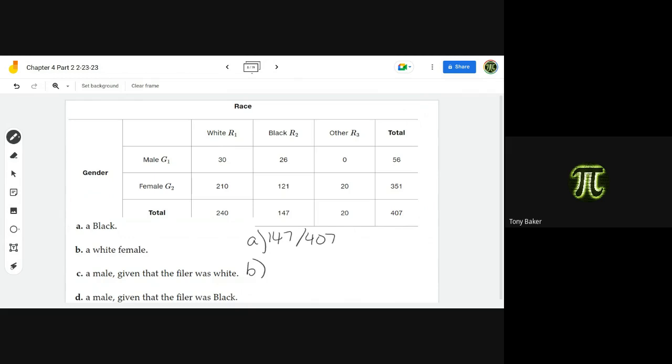What's the probability that a protective order was given if they were a white female? Right. That's very important. We're still out of the total. That's an and. They didn't put the word and between it, but it's an and. You're looking at white and female.